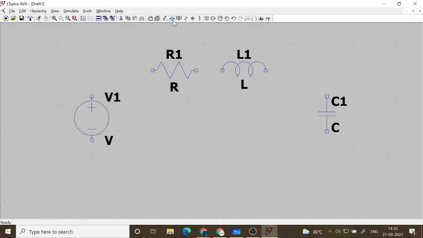Now you need a ground. Next step is basically connecting these components. You connect it like a series circuit. Connect the ground also.